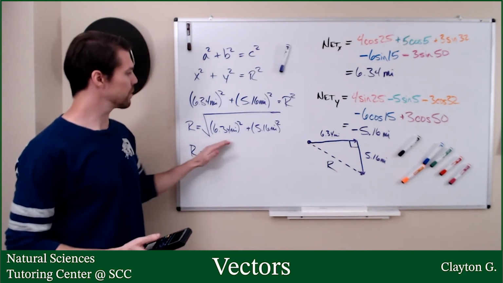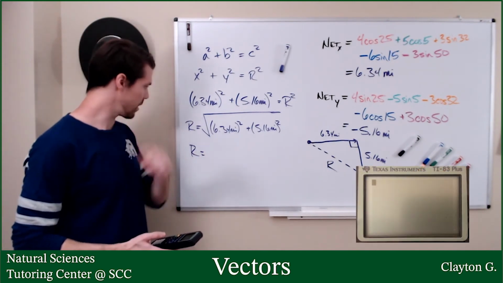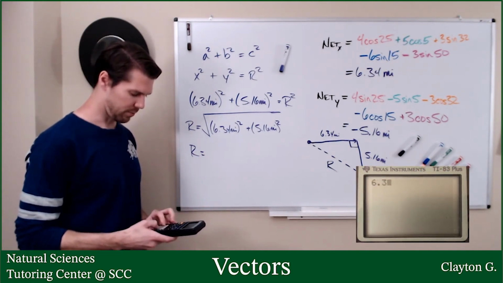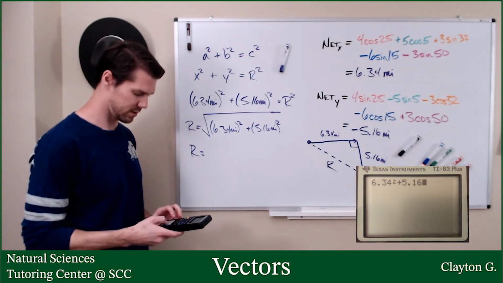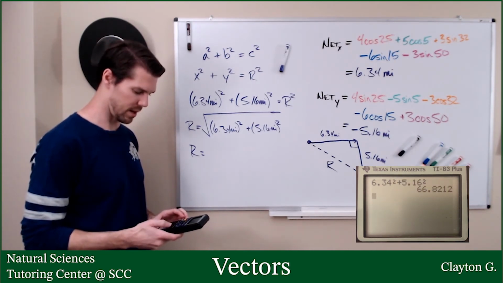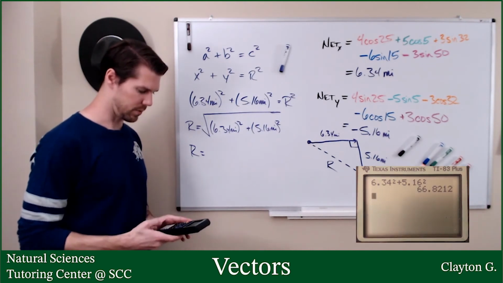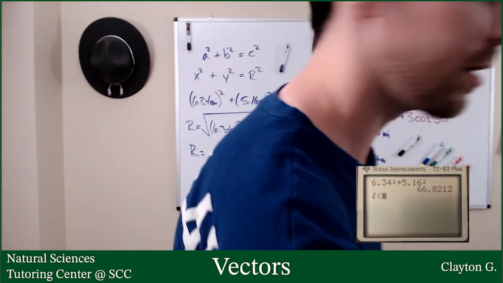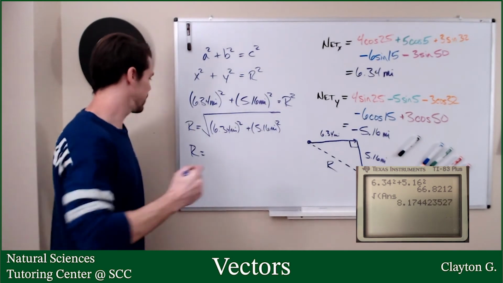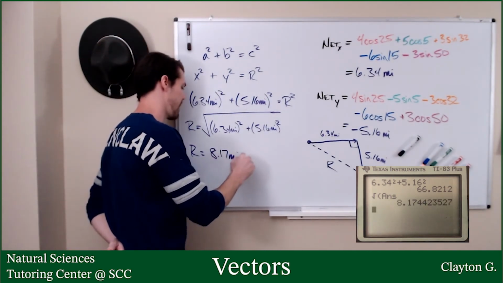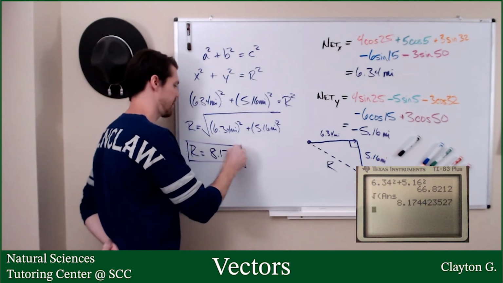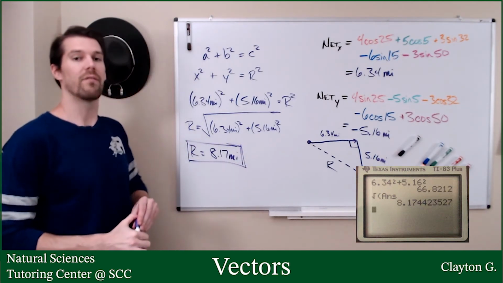So I'm going to go ahead and plug all this into the calculator here. 6.34 squared plus 5.16 squared equals, and then I'll take that square root, 8.17. All right, so here we have 8.17 miles. So this is the magnitude of our vector.